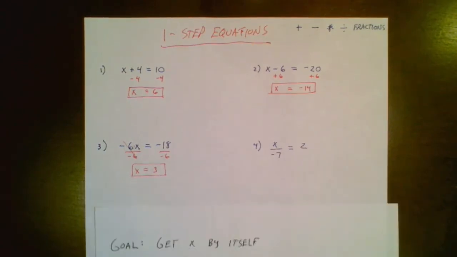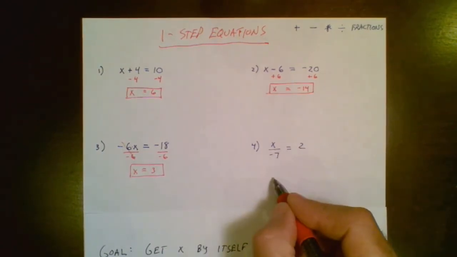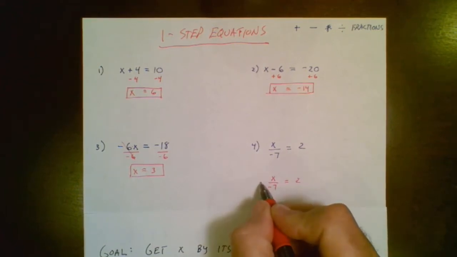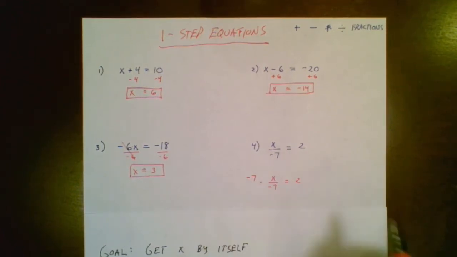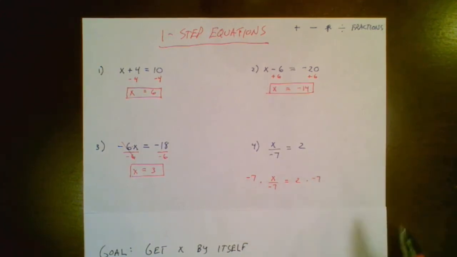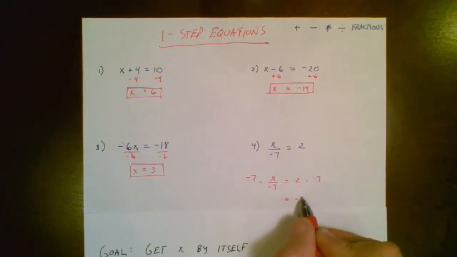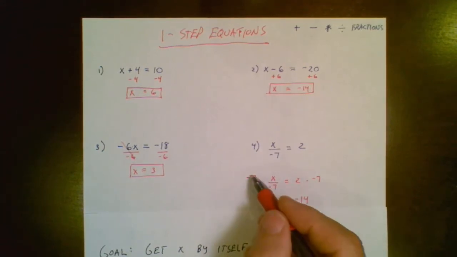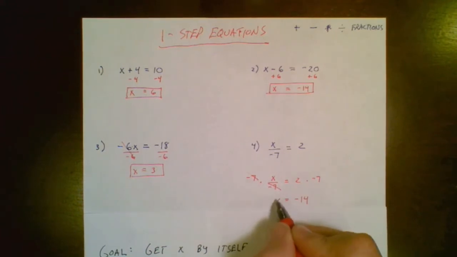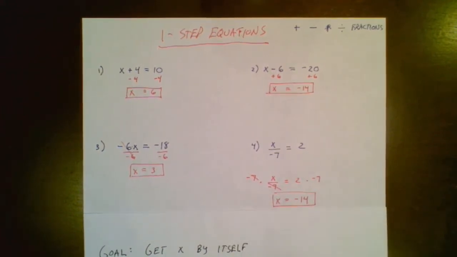So I'm going to rewrite this problem over here. I'm going to say x divided by negative 7 equals 2. And now to show my steps, I multiply the left by negative 7, and I multiply the right by negative 7. On the right-hand side, I get a negative 14. And this is something in the numerator, this is something in the denominator. They cancel. And I have my answer.